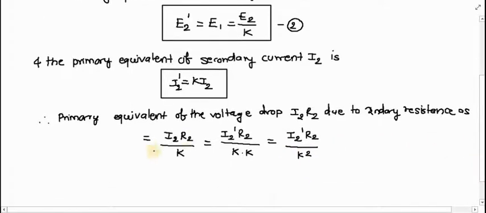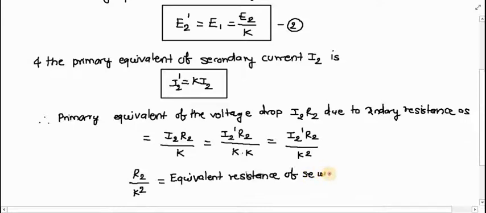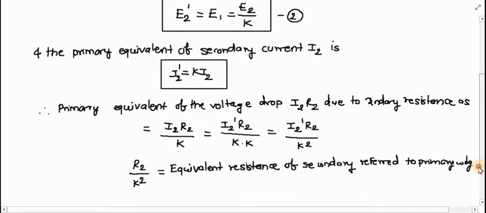So the term R2 by K square in the above equation is the equivalent resistance of the secondary winding referred to the primary side, and it is denoted by R2 dash as it is transferred.